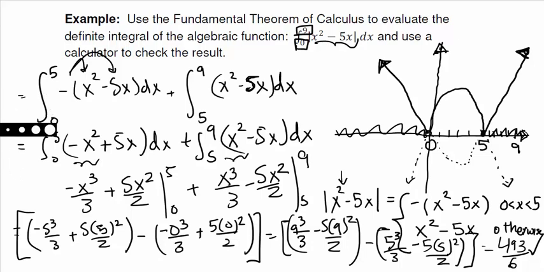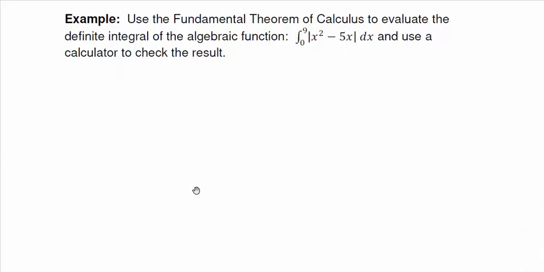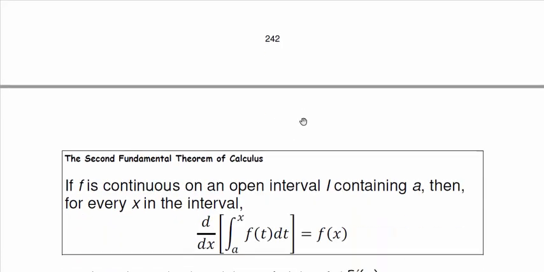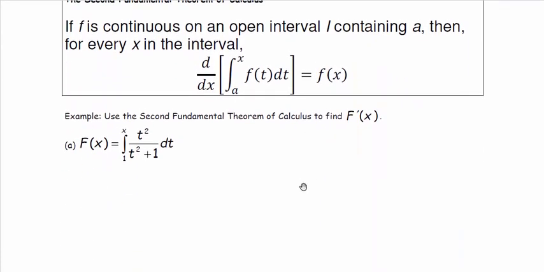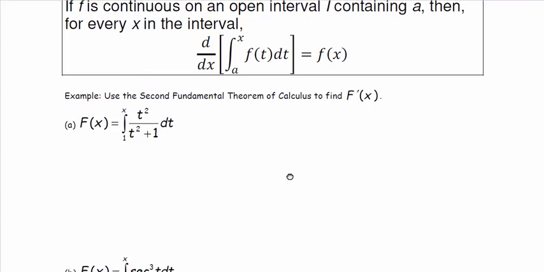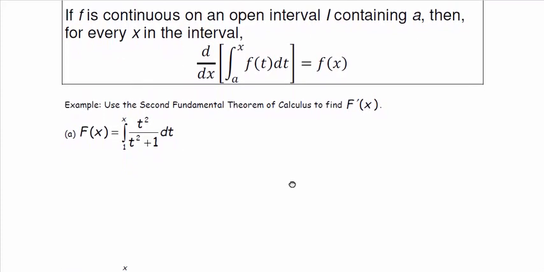Alright, now let's go on to a different part of the fundamental theorem of calculus, the second fundamental theorem of calculus. This part is actually a little bit easier as long as you understand what is going on.